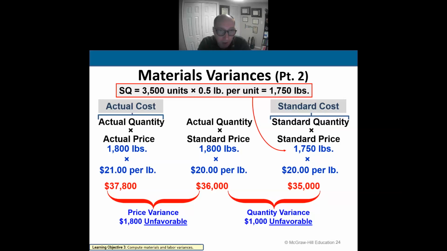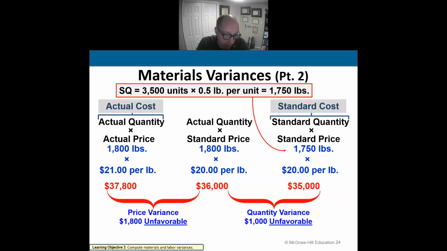So I take my actual quantity times my standard price to find the variance. Actual quantity, purchase 1,800 pounds. My standard price, $20 per pound, gives me 36,000.